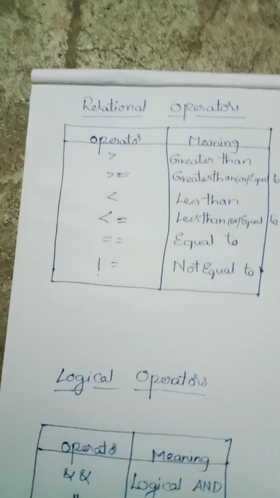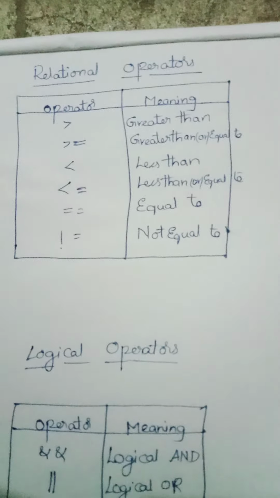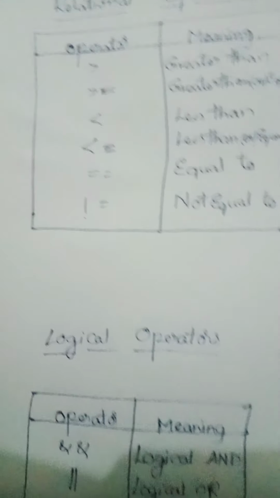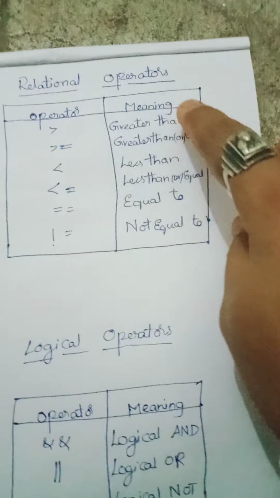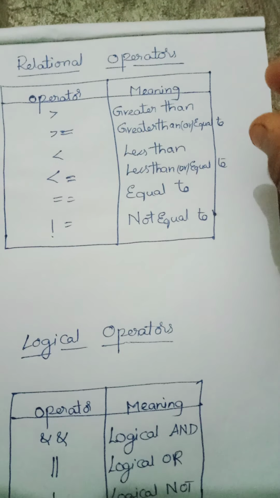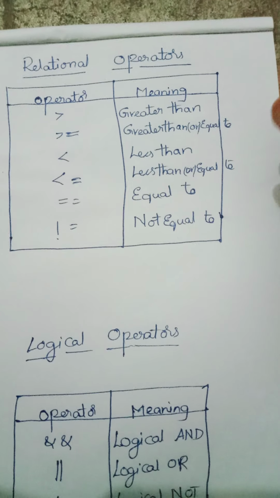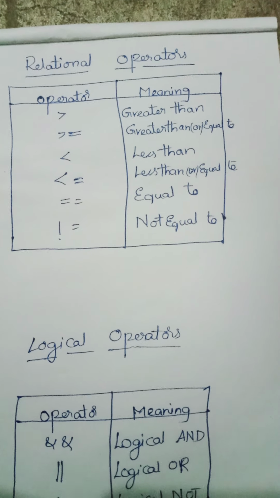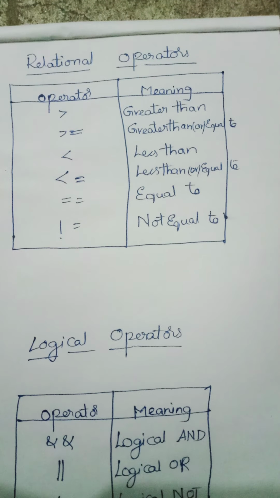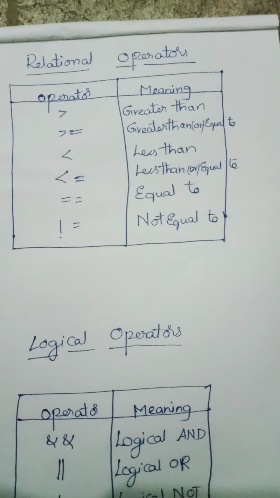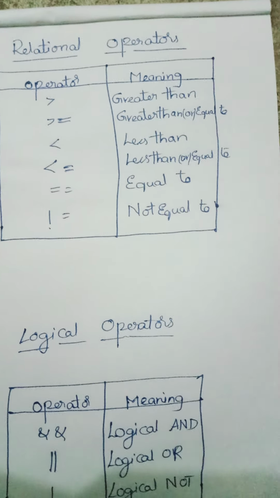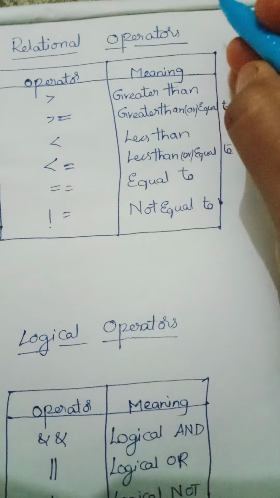Today we will discuss what relational operators and logical operators are. Relational operators are the symbols that are used to test the relationship between two variables, or between a variable and a constant.